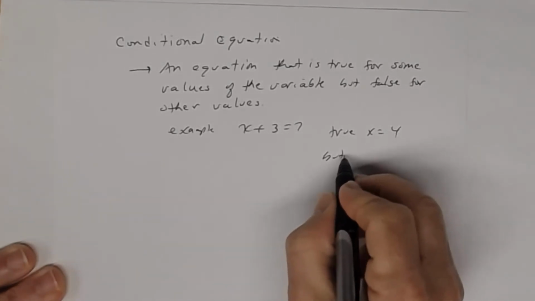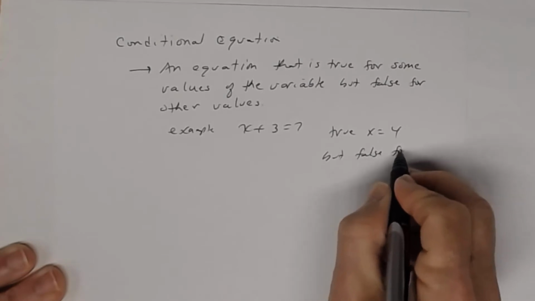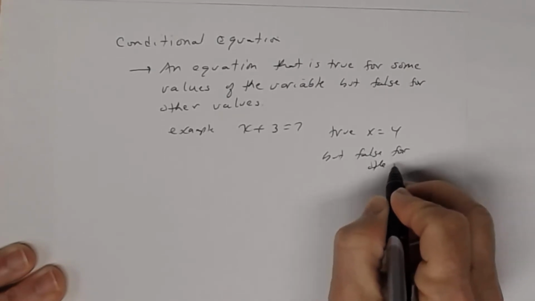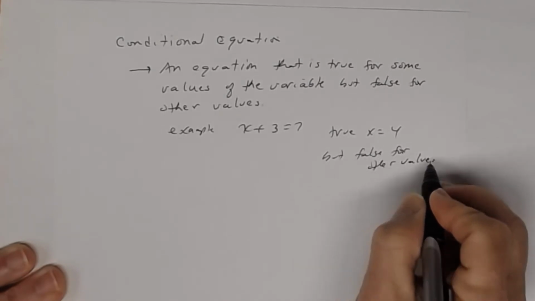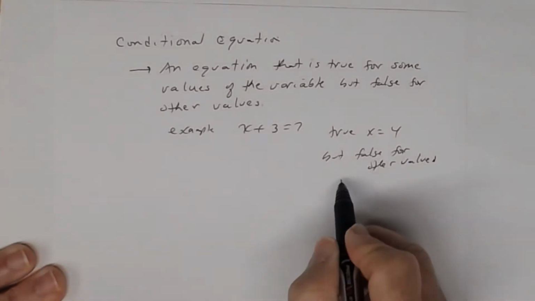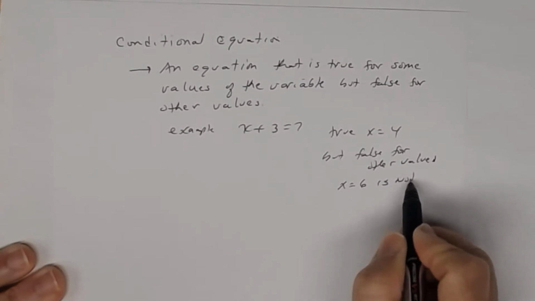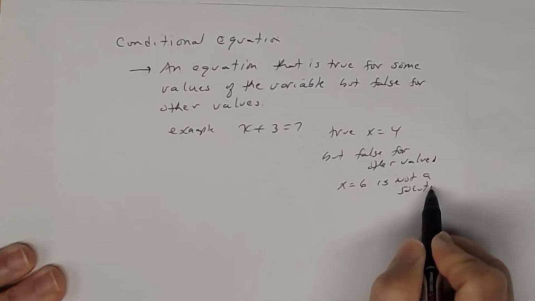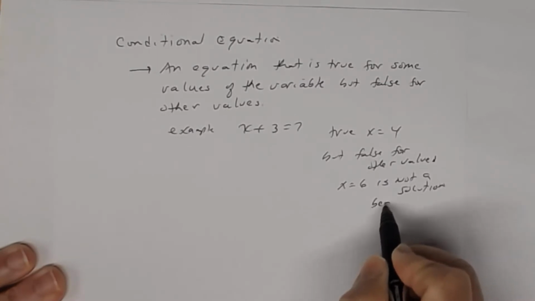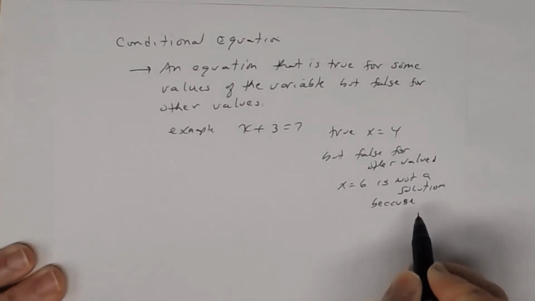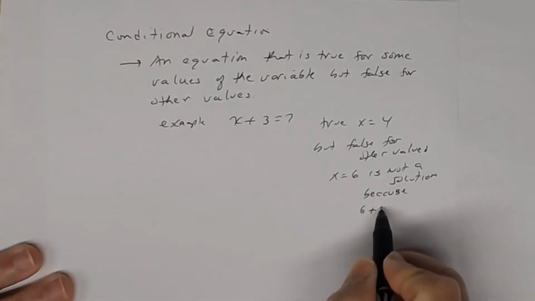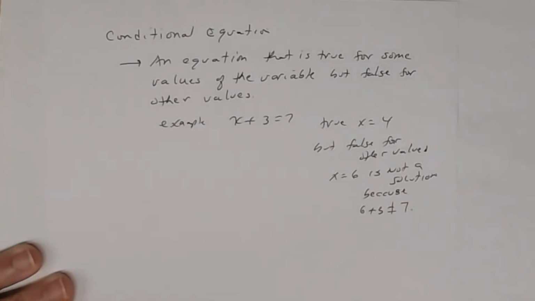But false for other values, right? For example, x equals 6 is not a solution because 6 plus 3 does not equal 7. 6 plus 3 is 9.